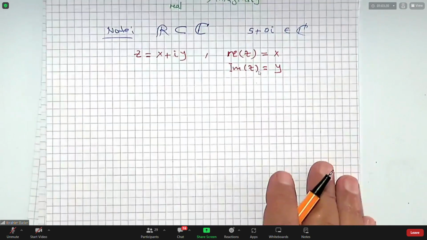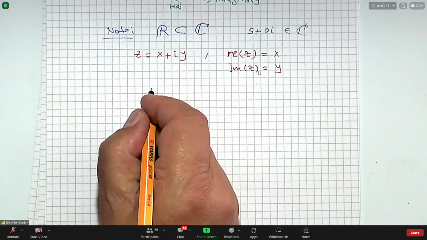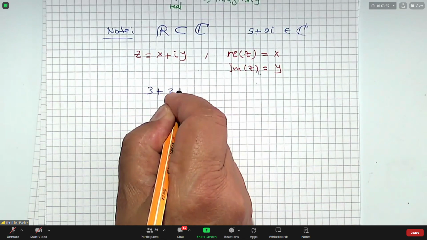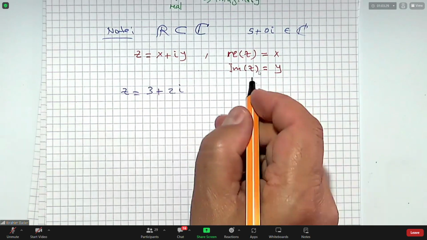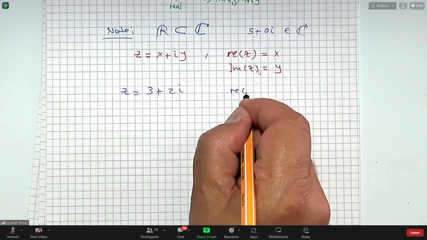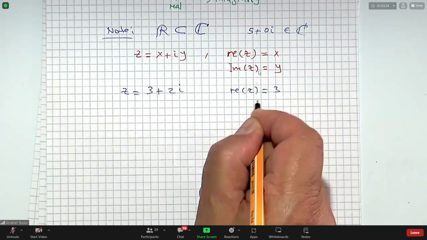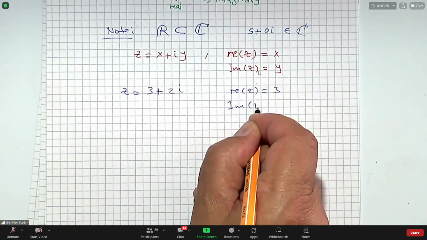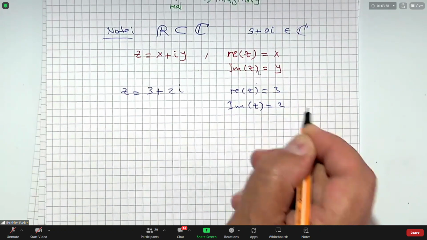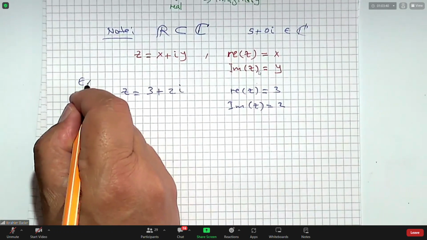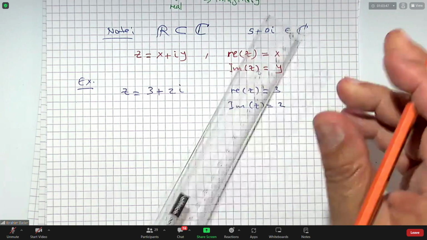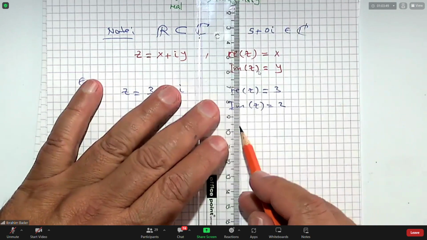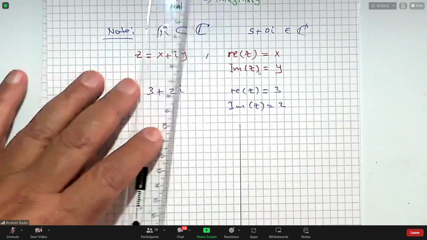Shall we take an example? So for instance, 3 plus 2i, okay? So the real part of Z is 3. The imaginary part is 2. Okay, so this is an example. Now what I was saying is that if I have a complex number, we agree on the following, that the y-axis is reserved for the imaginary part.